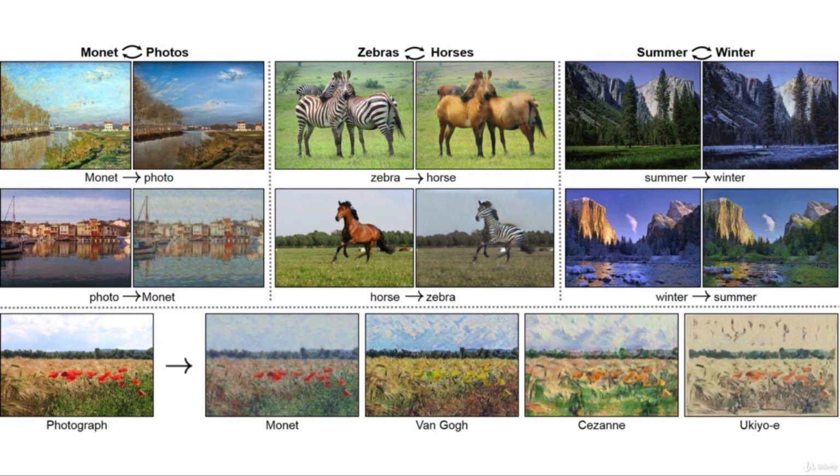When we have an image of one type, for example, summer, with generative adversarial networks we translate this summer photo to the winter image, and back from winter to summer. Also, we can translate photos to drawings and drawings to photos, horses to zebras, and in fact many other applications. This is not all the applications that we will study. We will cover a lot more, like super resolution, inpainting, and many others.